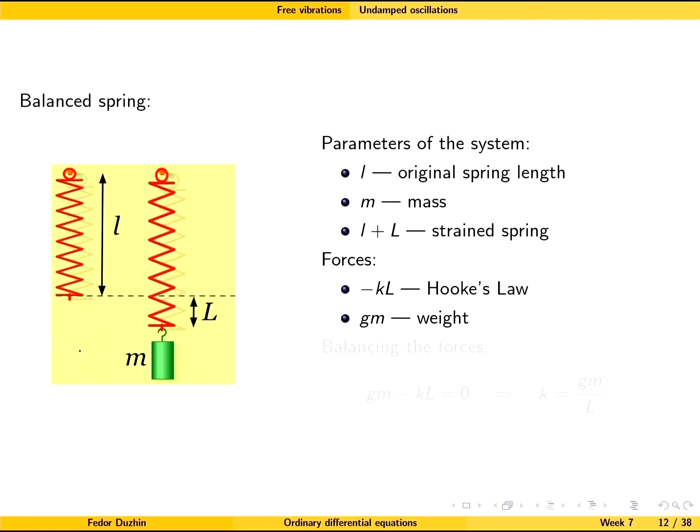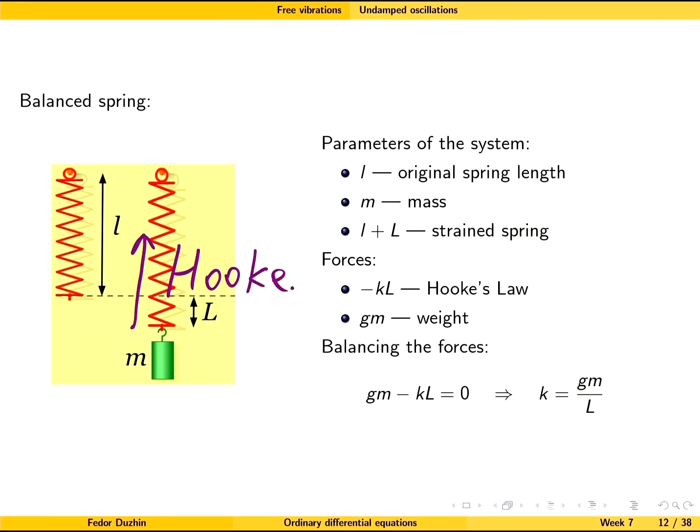Here the force that pulls the object upward is the spring force, from Hooke's law, and the force that pushes the object downward is the force of gravity. Then balancing them, we can find the spring constant, K.